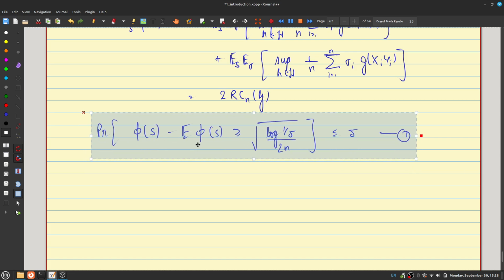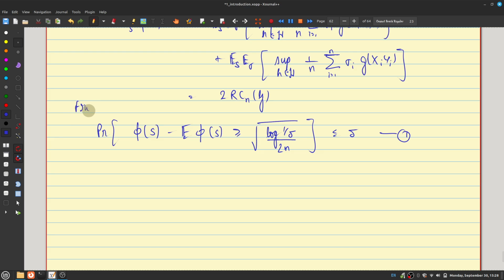So earlier we showed that, let me just write this in a different way. This is greater than or equal to 1 minus delta. I'm just taking the negative of the statement that I had in equation 1.